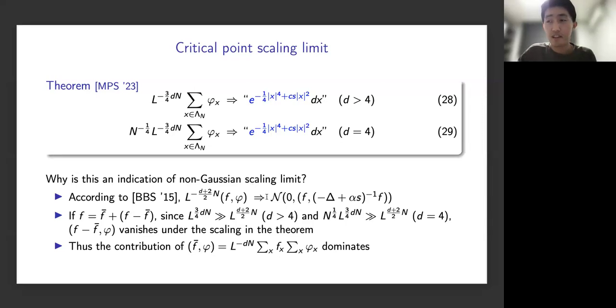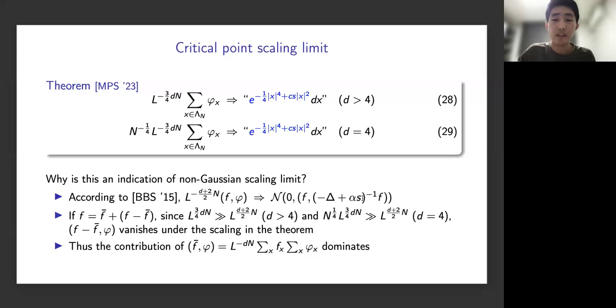The reasoning is as follows. If you remember, according to BBS results, the random field phi, if you rescale it by L to the -(d+2)/2 n, converges to a massive Gaussian free field with mass alpha times s.